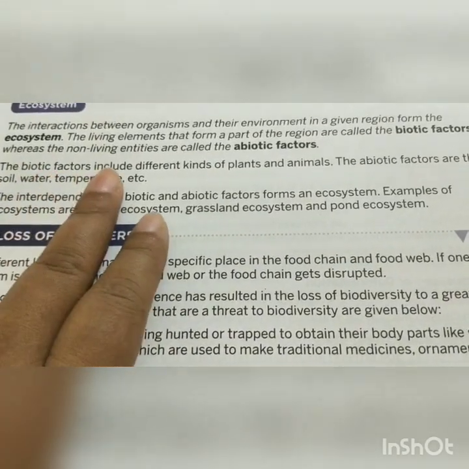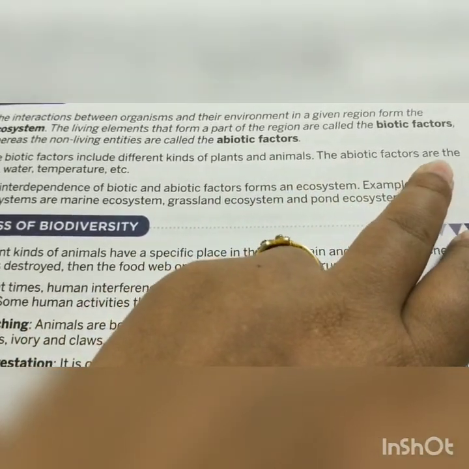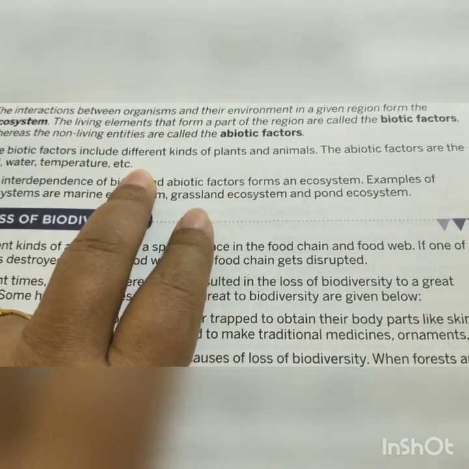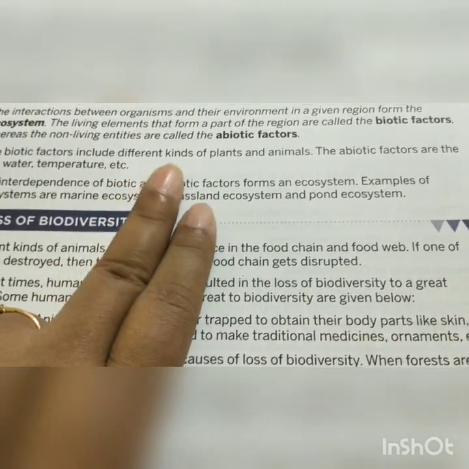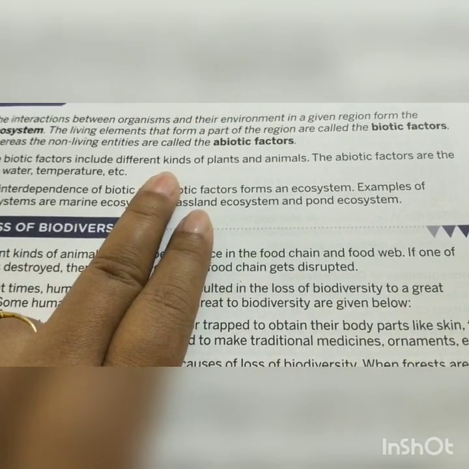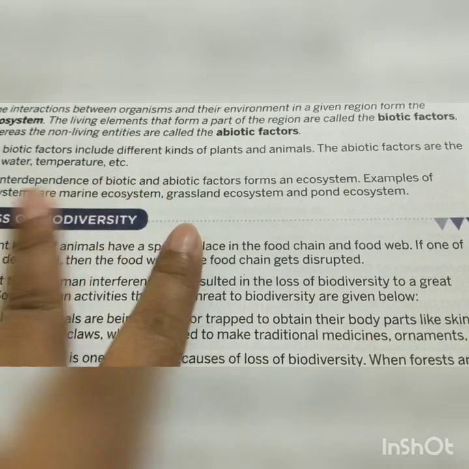The biotic factors include different kinds of plants and animals. The abiotic factors are the soil, water, temperature, etc. So what are the biotic factors? All kinds of plants and animals, and abiotic factors are soil, water, temperature of that particular region, etc.